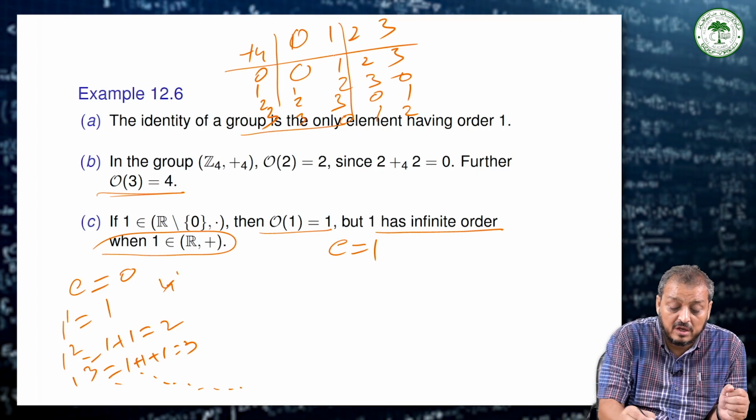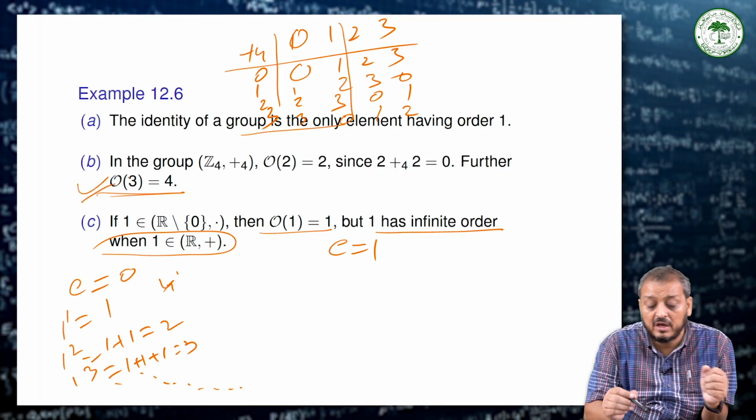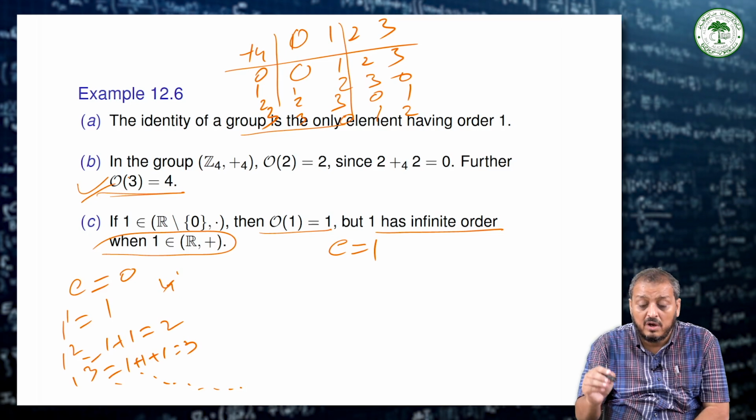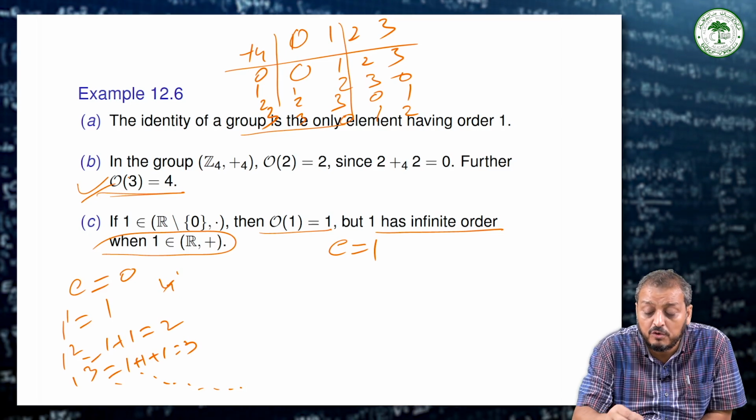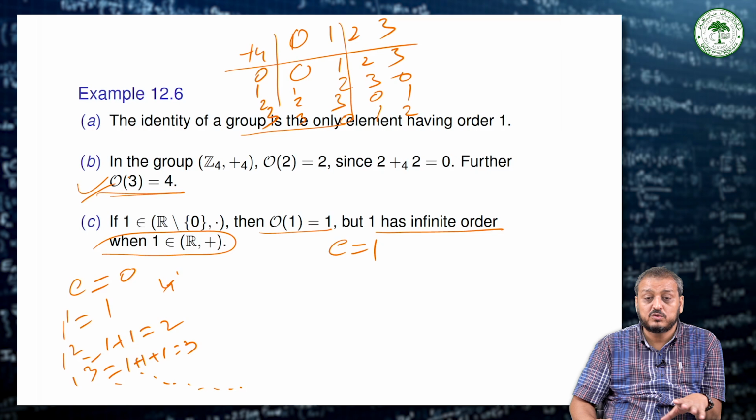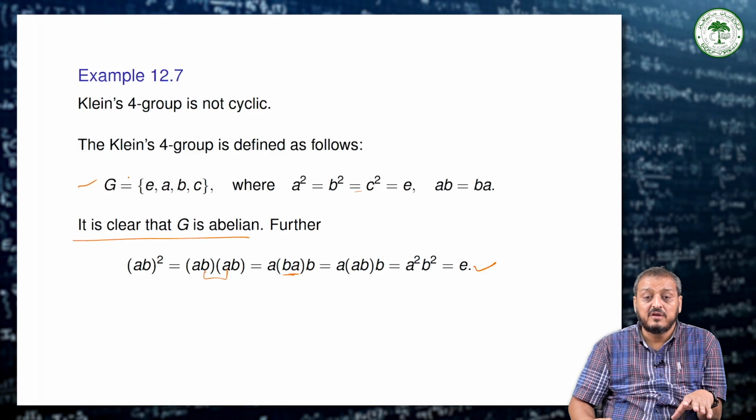So this means the order of 3 is equal to 4 and the order of 1 is also 4, because these two are inverses of each other.